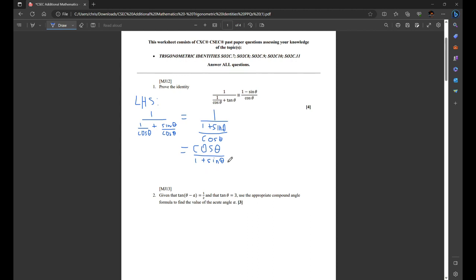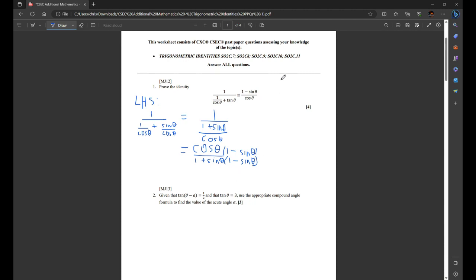And the reason why we can do that and make it effective is because of the Pythagorean identity, which I'm going to show you in a little bit. So if I multiply this by 1 minus sine theta, I also have to multiply this top part by 1 minus sine theta as well, to make sure that I don't change the value of the fraction.